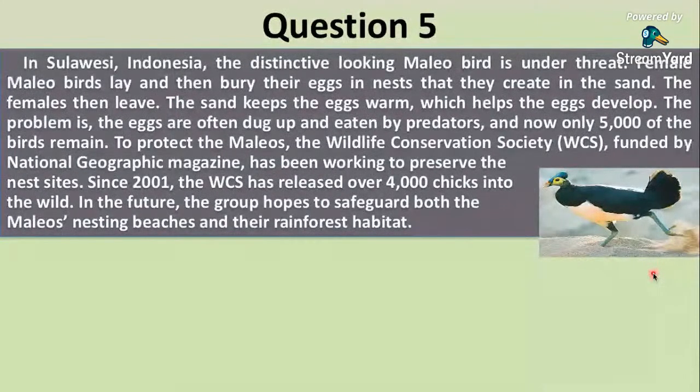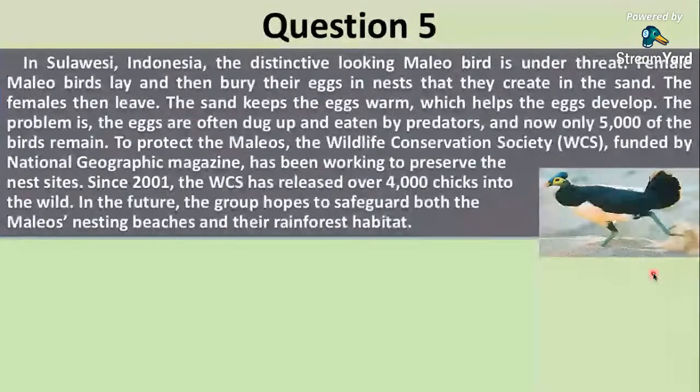To protect the maleos, the Wildlife Conservation Society (WCS), funded by National Geographic magazine, has been working to preserve the nest sites. Since 2001, the WCS has released over 4,000 chicks into the wild. In the future, the group hopes to safeguard both the maleos' nesting beaches and their rainforest habitat.